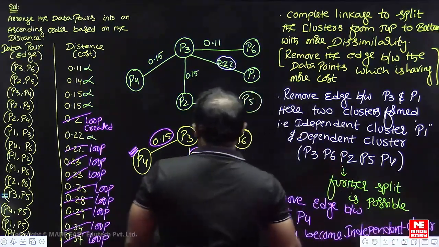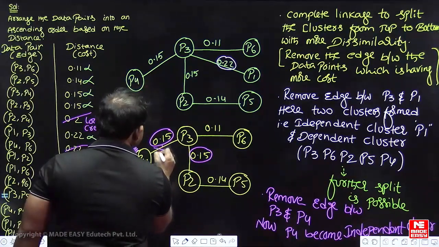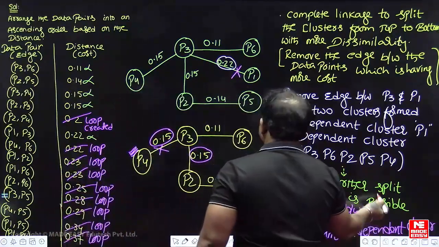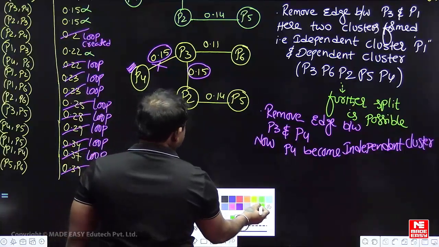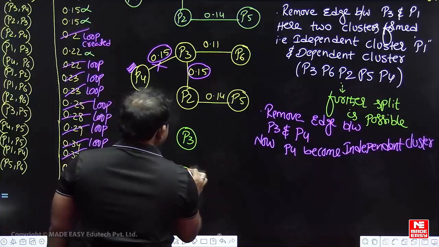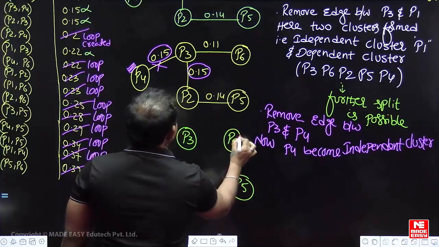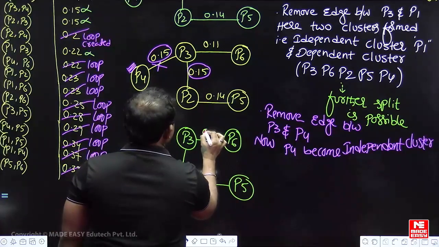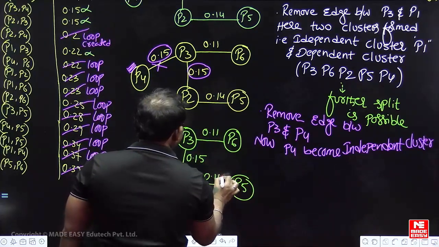Is it okay? All right. So now we removed this edge, and continue the same procedure. Now the graph is looking like this: P3, P2, P5 and P6, with costs 0.11, 0.15 and 0.14.